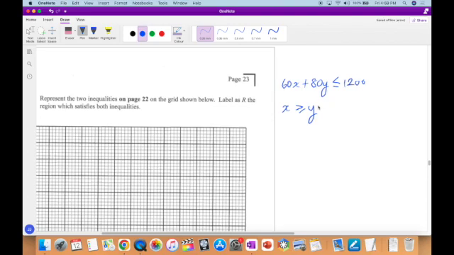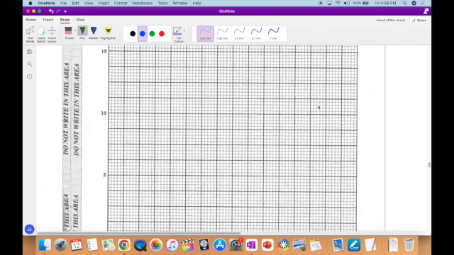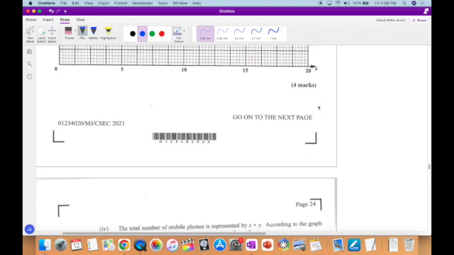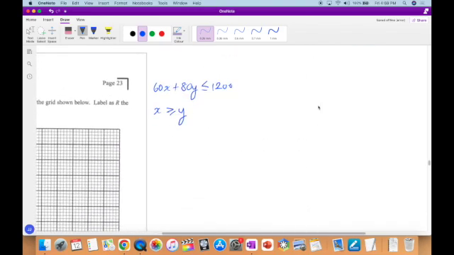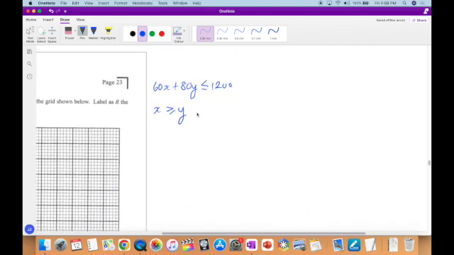Now, in order to do this, what I need to do is actually draw these lines. So it's lines that I have to draw. So let's just take this one. This one is easy. This one is just the line x is equal to y, or y is equal to x, right?